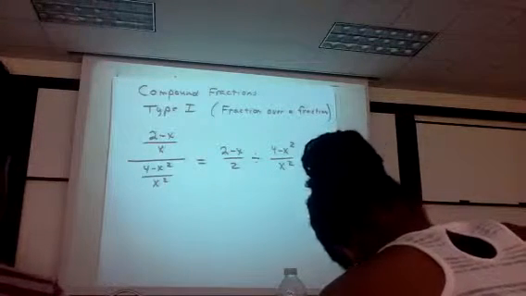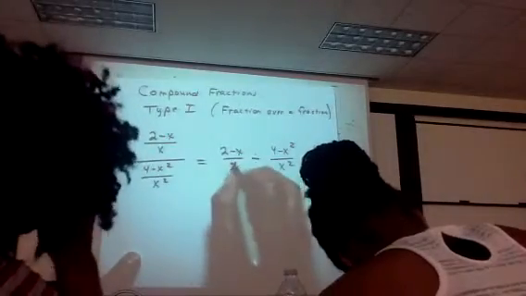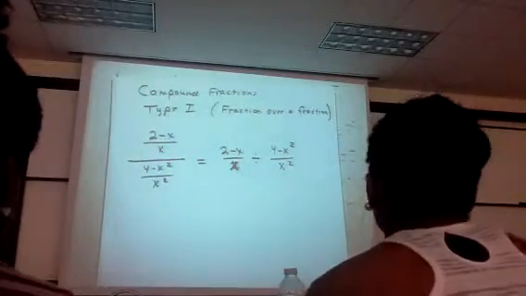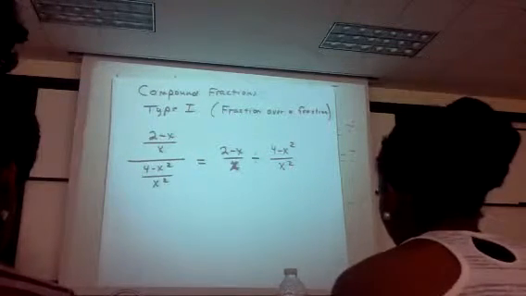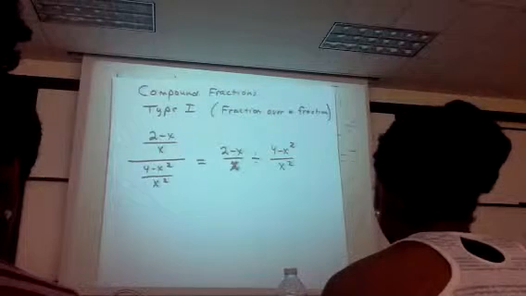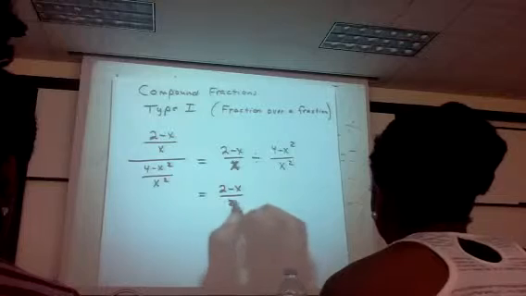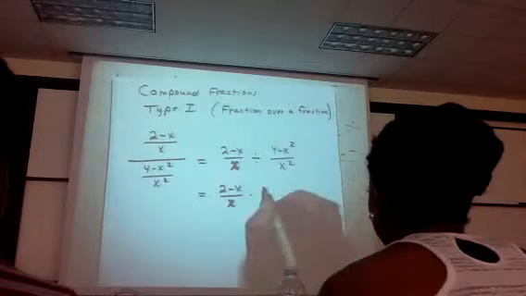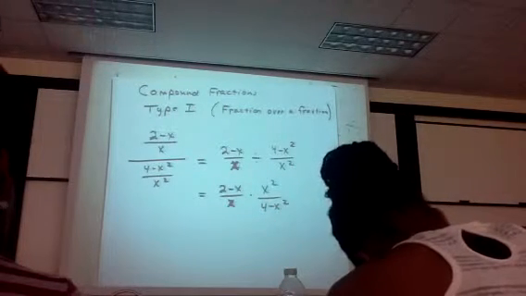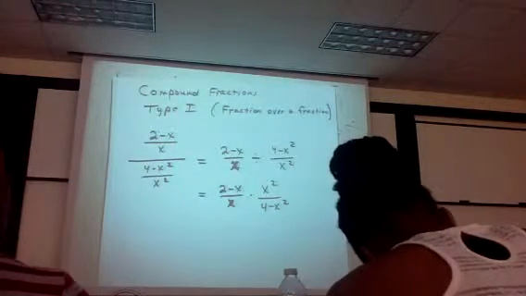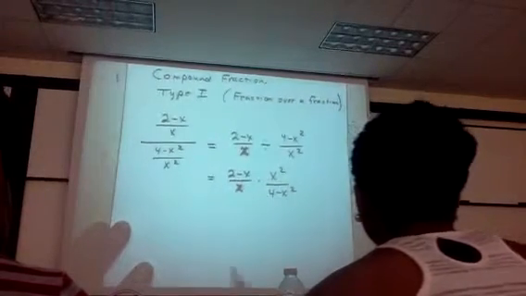Oh, yes, it is. I'm sorry. I get so excited. It's type 1. That's 2x, 2 minus x over x. Hey, that's familiar turf, right? A fraction divided by a fraction. That's equal to the first fraction times the reciprocal of the second fraction. Now, all I got to do is factor and simplify.